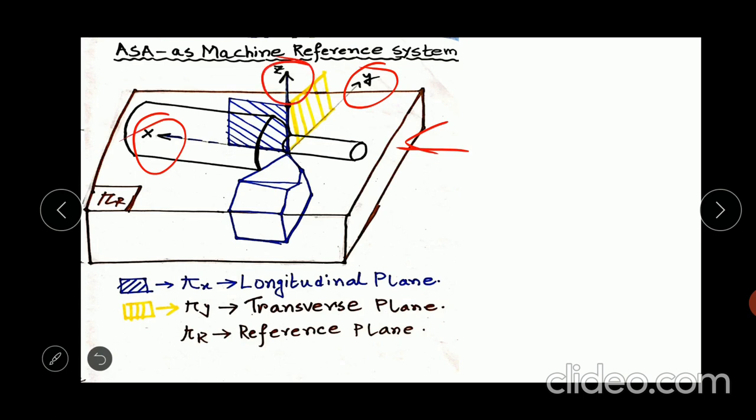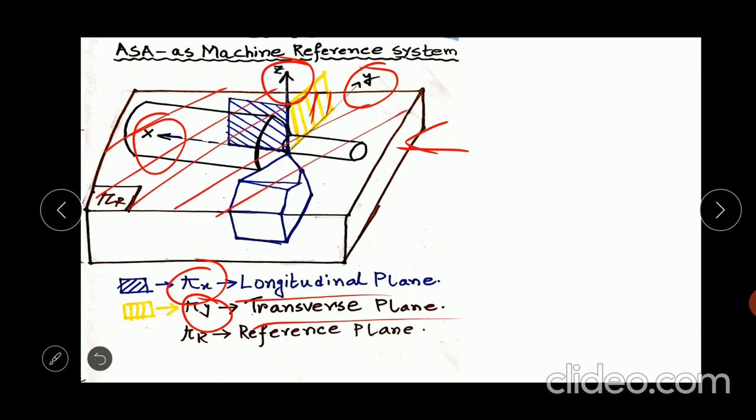The plane between the z and y axes is shaded yellow and is known as the transverse plane, the pi y plane, and the plane between the x and z axes is known as the longitudinal plane, the pi x plane. The xy surface is pi r, the reference plane. So these are the 3 different planes related to the measurement of the different angles of the single point cutting tool.